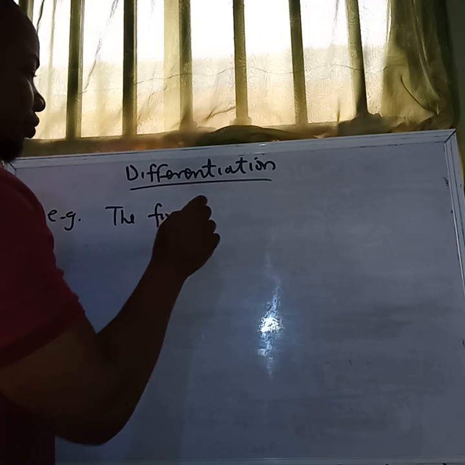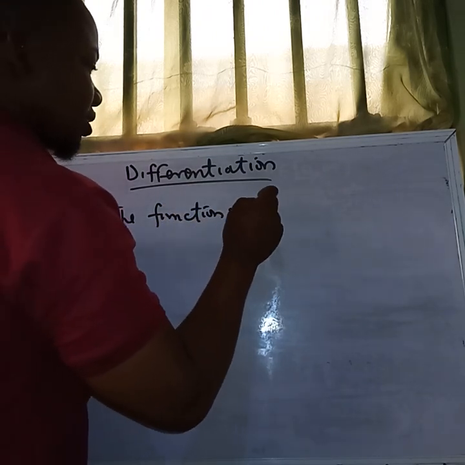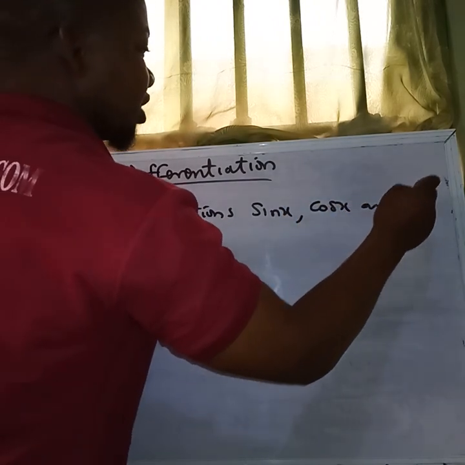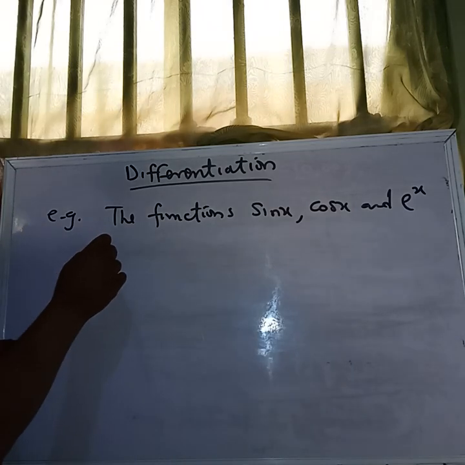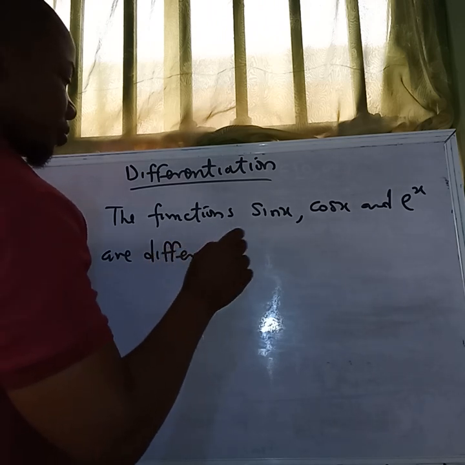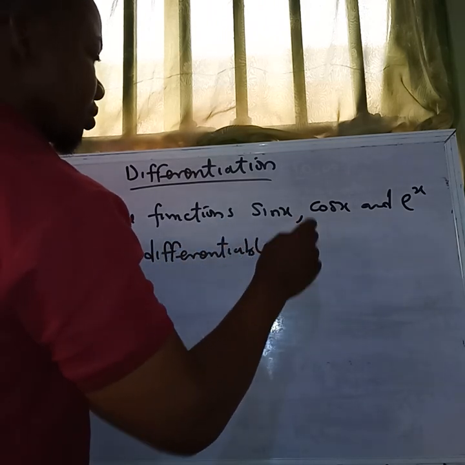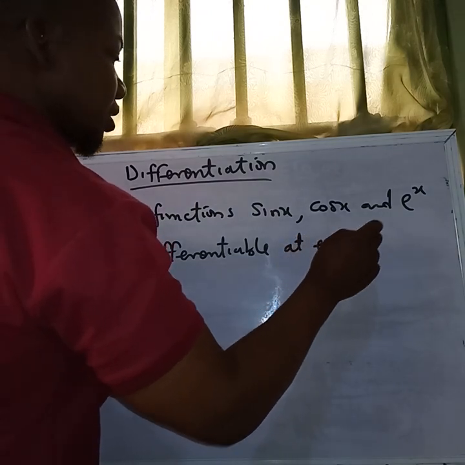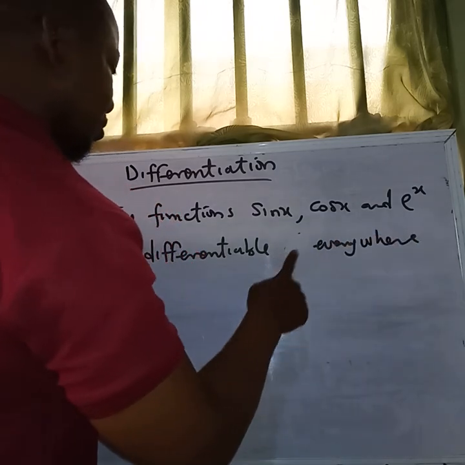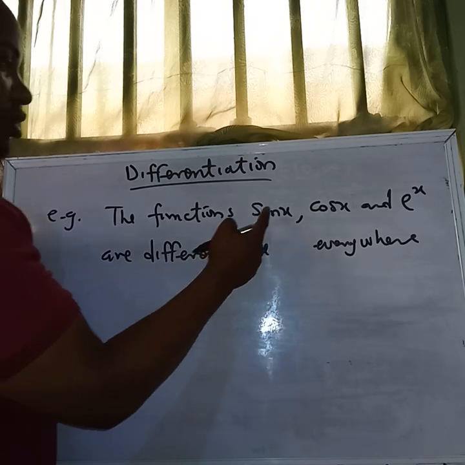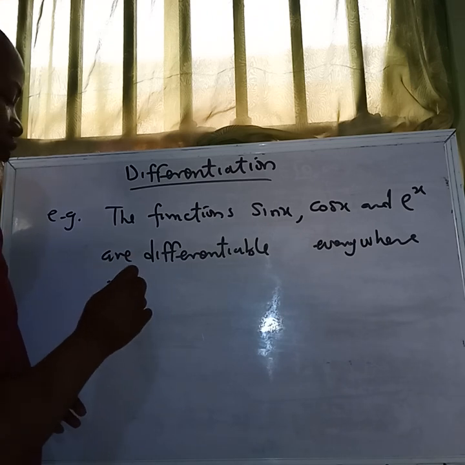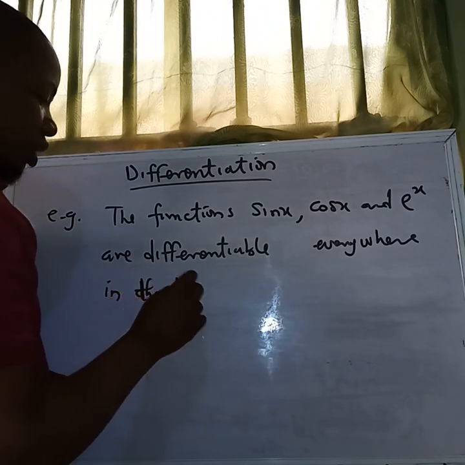The functions sin x, cos x, and exponential x are differentiable at every point, or let's say everywhere. The functions sin x, cos x, and exponential x are differentiable everywhere in the domain R.